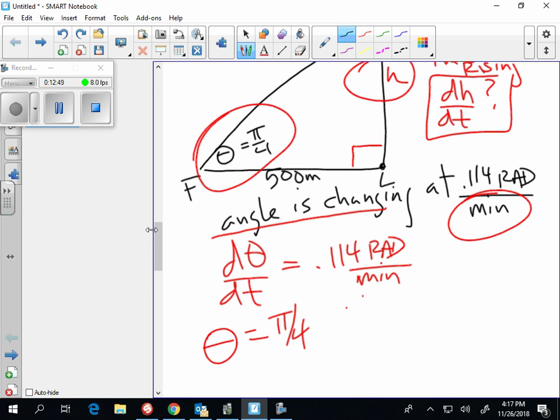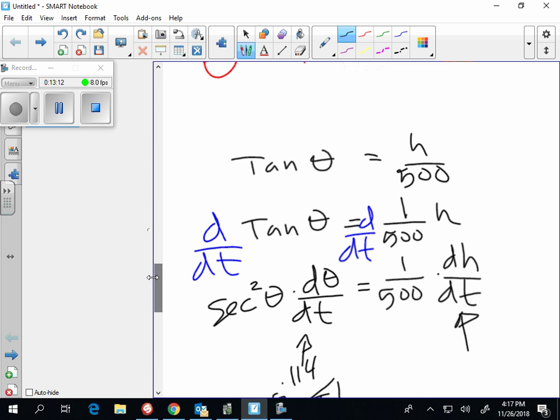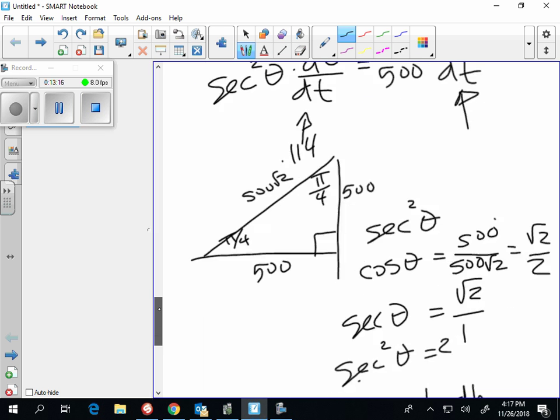I said to myself, do I know a relationship for this related rates problem between θ and h? And the relationship between θ and h, given that we know 500, is tangent. So I'm going to have to name things calculously to help me figure out the relationship that I need to bring to the problem so that I can take the derivative of that relationship and plug in the stuff I know.